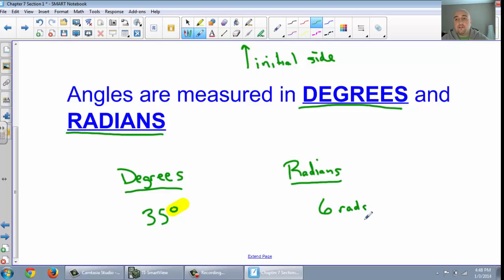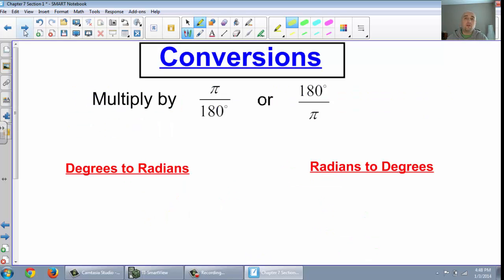We usually abbreviate radian with rads, so 6 rads. Or a lot of times radians will have a form of pi in it. So for instance, 3 pi over 5 radians. So the easiest way to tell if it is degrees or radians is the degree symbol. If you do not see a degree symbol, it is not in degrees, and you have to assume that it's in radians.